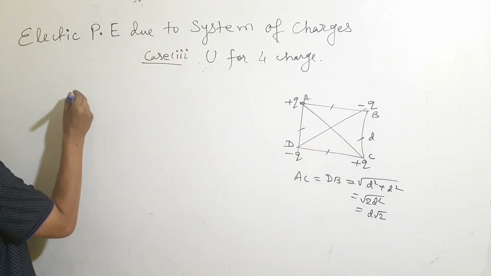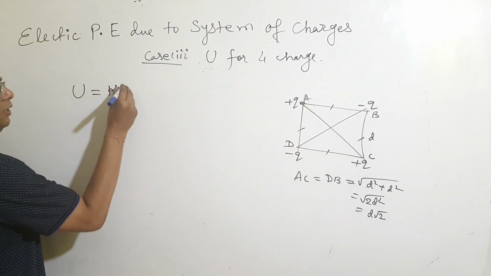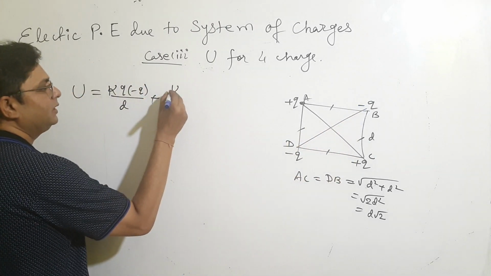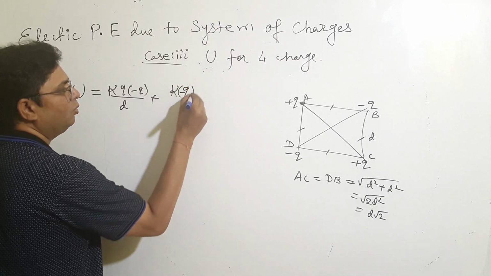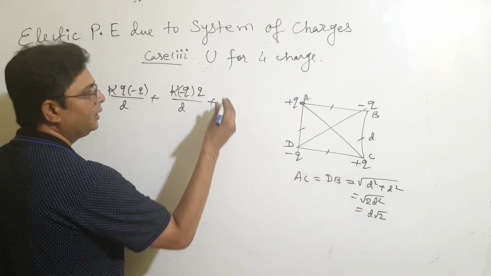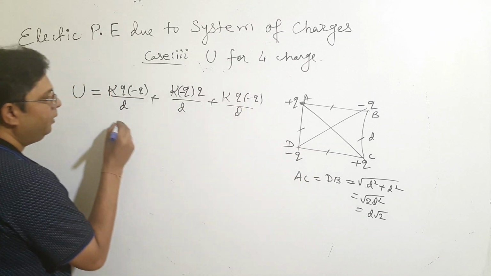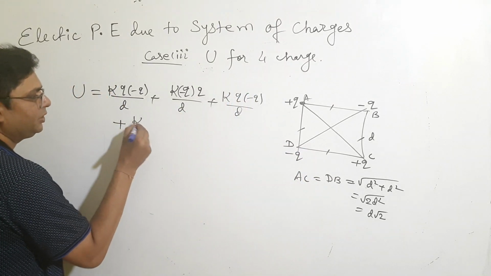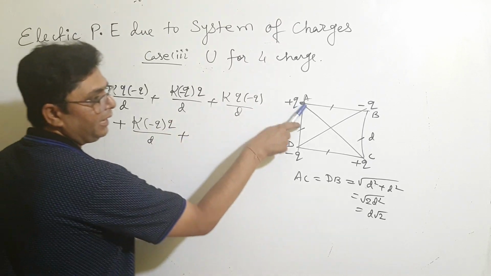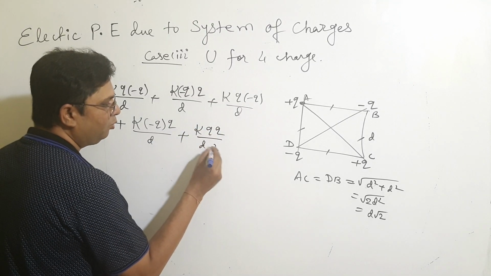Now what will be the potential energy? Energy U is equal to, between these two charges, K Q minus Q upon D. Between these two charges, K minus Q plus Q upon D. Between these two charges, K plus Q minus Q upon D. Between these two charges, K minus Q plus Q upon D. Between A and C, this will be K Q upon D root 2.